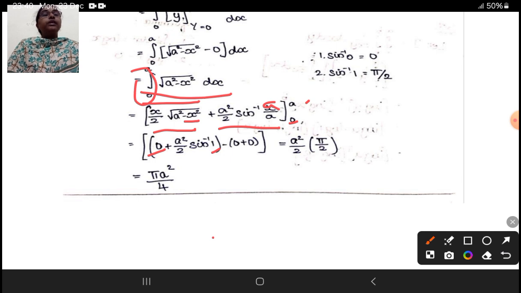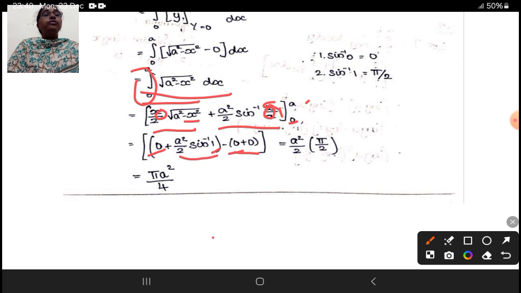Then we subtract the lower limit: replacing x by 0, the first term becomes 0, and sine inverse 0 is 0, so the lower limit is 0.